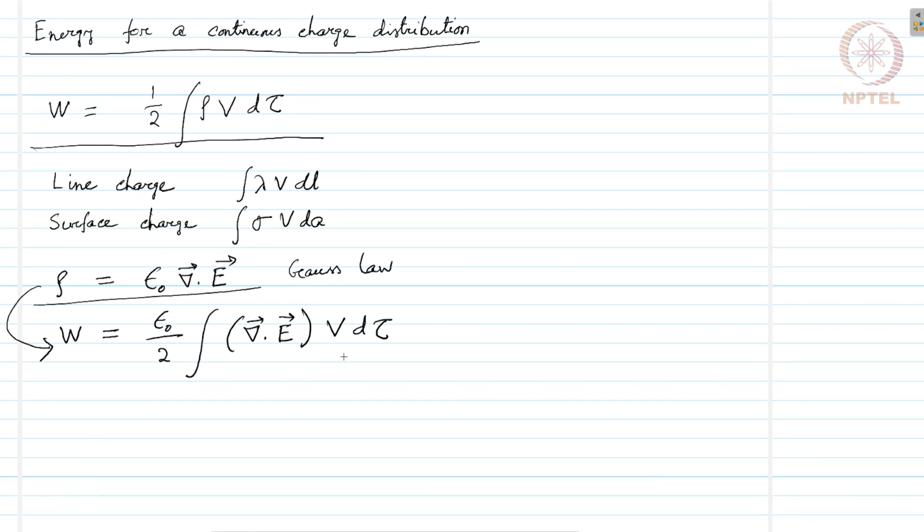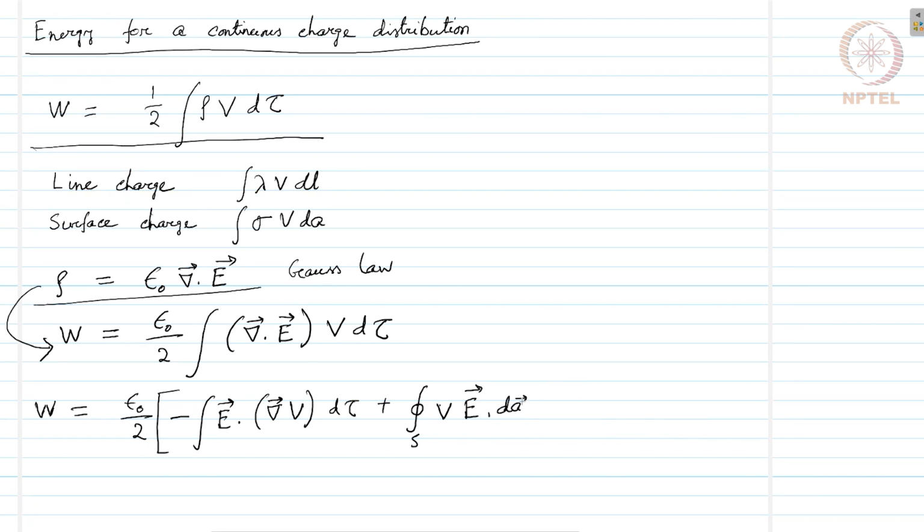So, we can integrate it by parts and write down W equals epsilon naught over 2 minus integral E dot gradient of V d tau plus closed surface integral of V E dot dA. Of course, in order to find the second term here, we have used the divergence theorem.